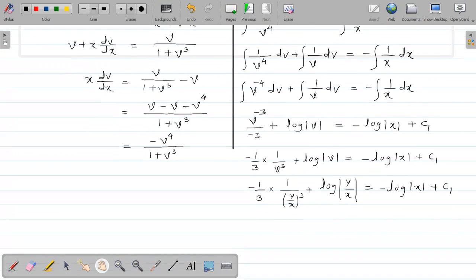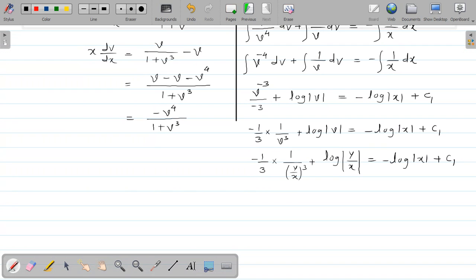Now further if you simplify this, then we can write it as minus 1 upon 3 into x cube upon y cube plus, now here log of y upon x means log of modulus of y minus log of modulus of x is equal to minus log of modulus of x plus c1.